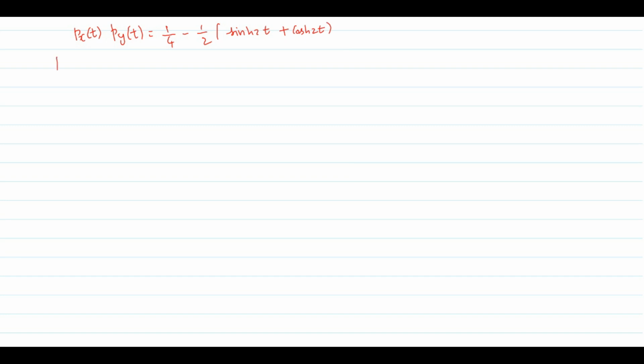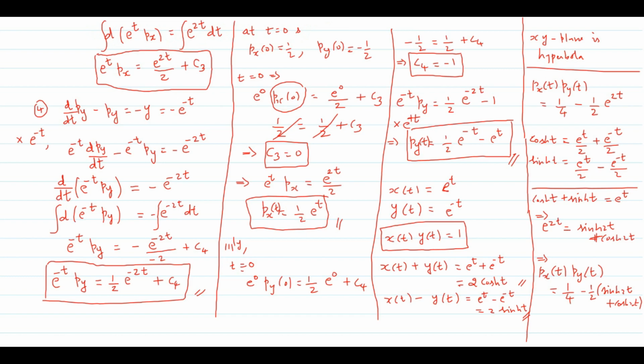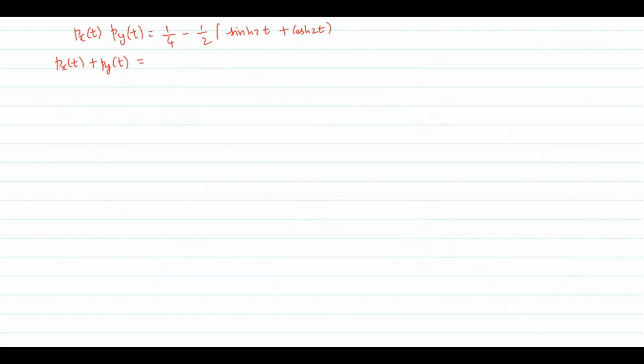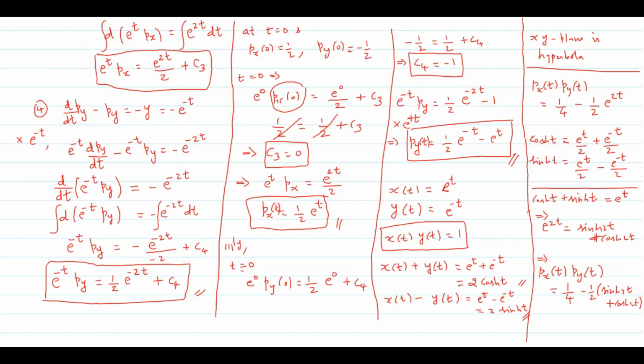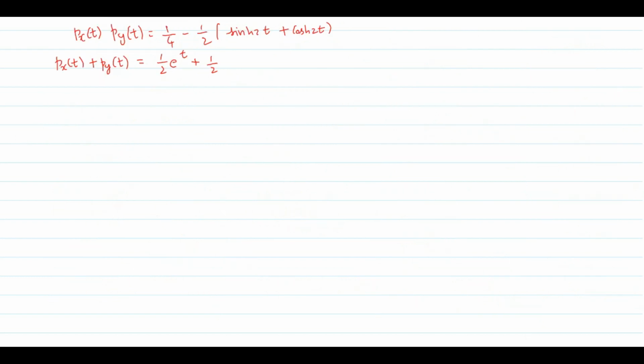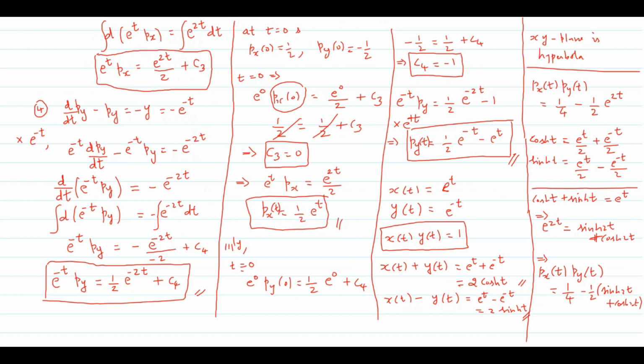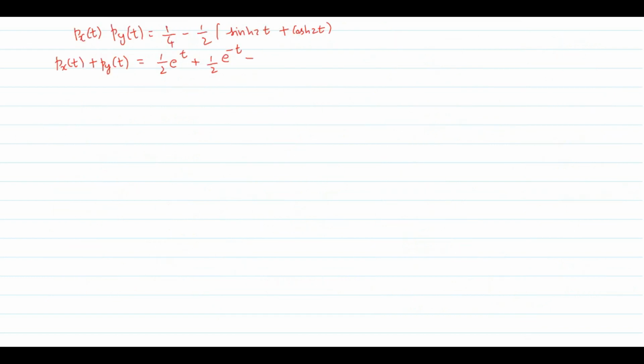Similarly, if you calculate p x of t plus p y of t, so when I add these two terms, let me write down here, 1 by 2 e power t, that is p x, plus 1 by 2, now what is p y? p y is e power minus t, then we have e power plus t.